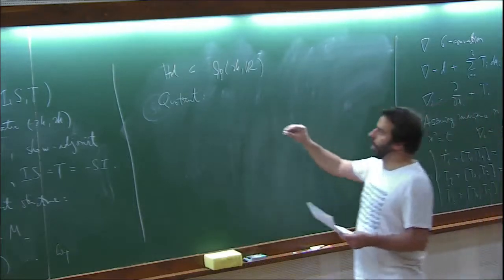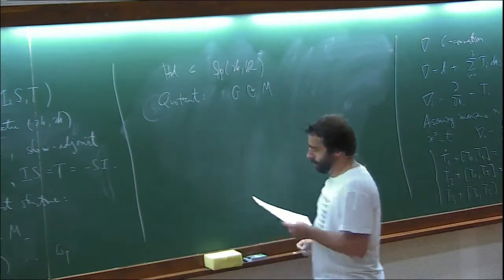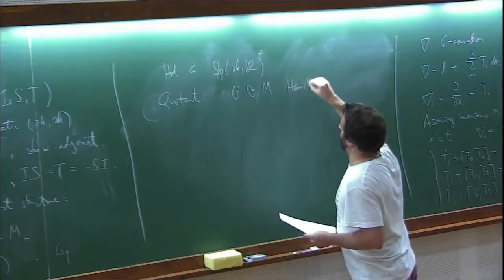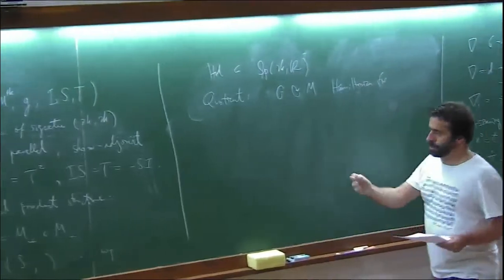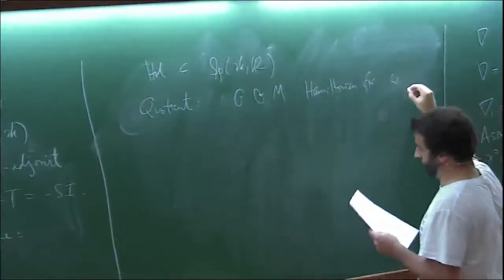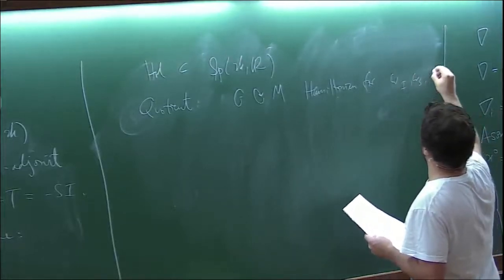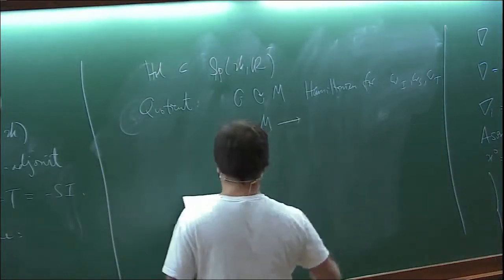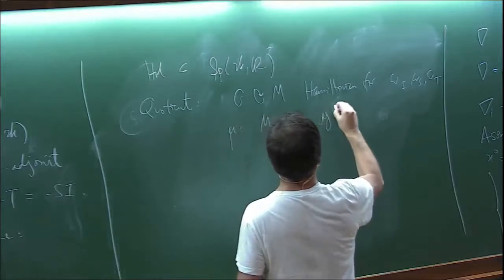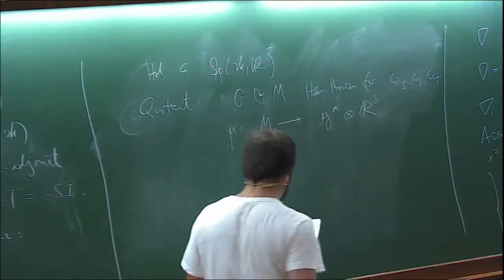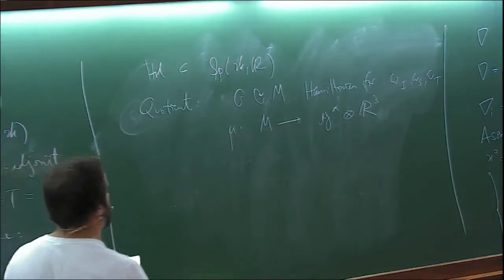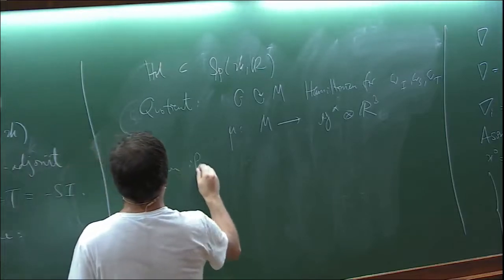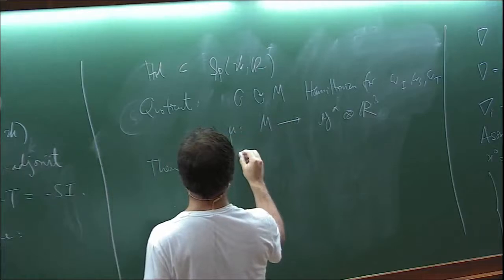So you have a group acting on the hypersymplectic manifold, and this action is Hamiltonian for all these symplectic structures, omega I, S, T. You can define a moment map which has three components, and zero is a regular value.